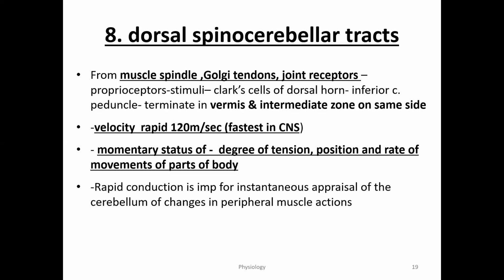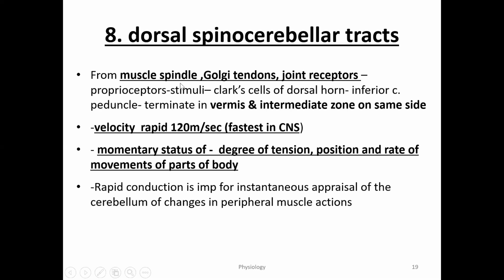About the dorsal and ventral spinocerebellar tracts, the name itself says dorsal and ventral, that is the dorsal horn and the ventral horn of the spinal cord. From the dorsal, it receives sensory signals, including the degree of tension in the muscle, the stretching of the muscle, the change in the length of the muscle during contraction and relaxation, then position and rate of movements of parts of the body.